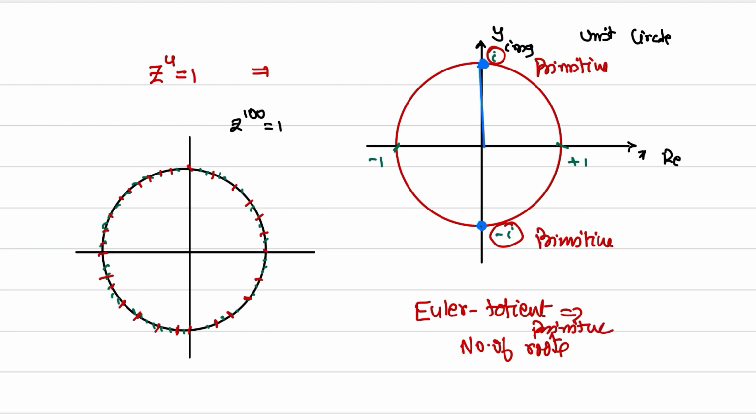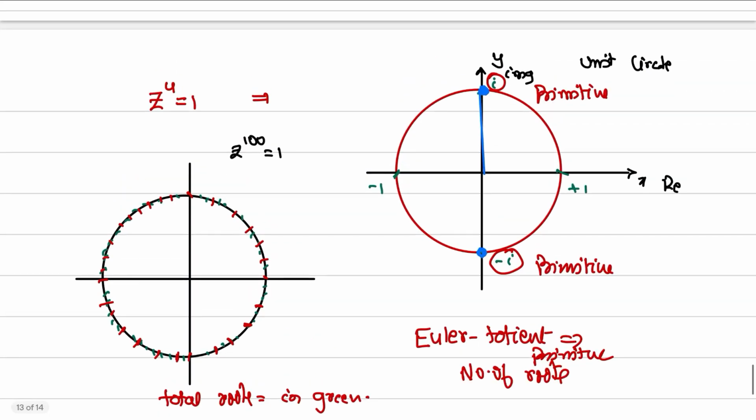That complex analysis which I have started in this maths and science lectures, that complex analysis is going to give the total roots in green. Primitive roots are in red. This is the concept behind the primitive roots, total number of roots, and roots of unity.